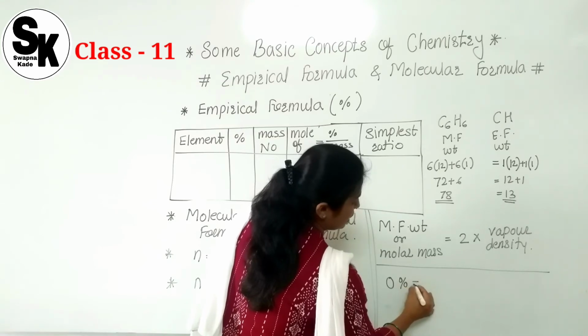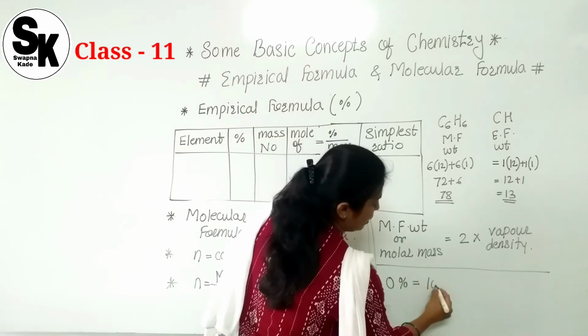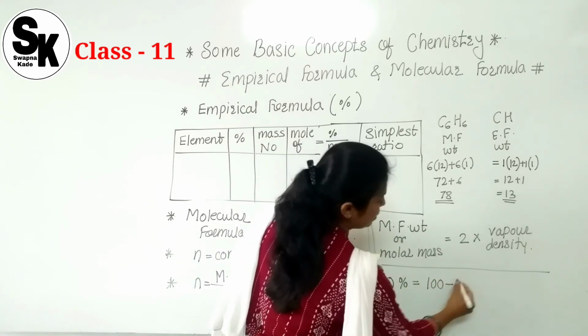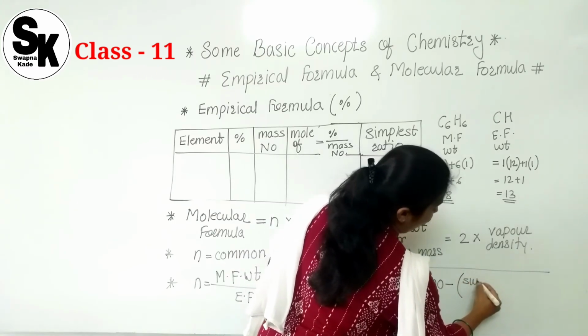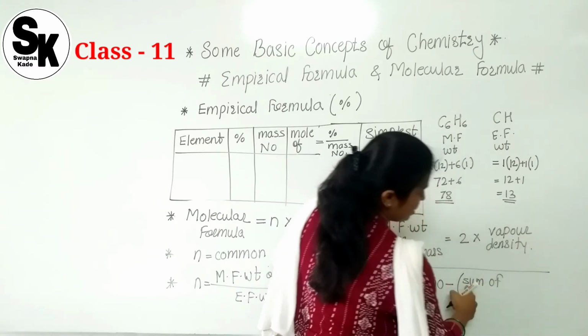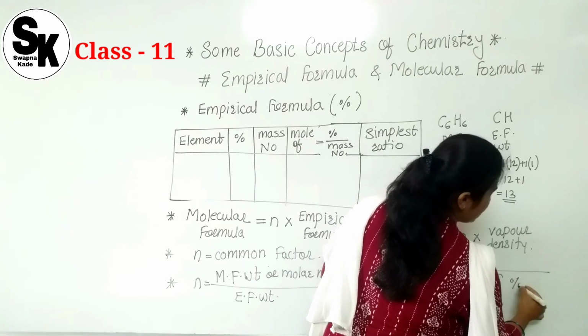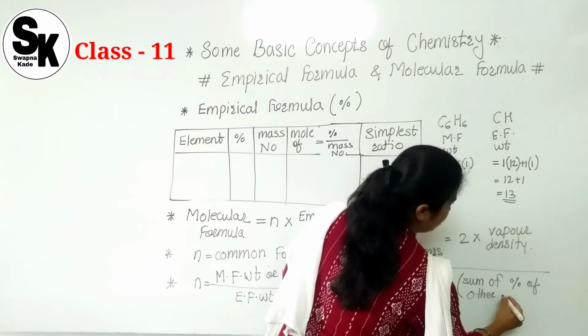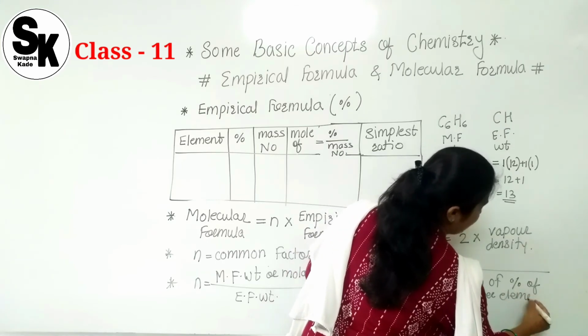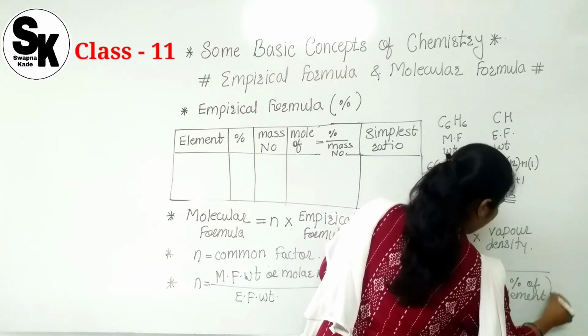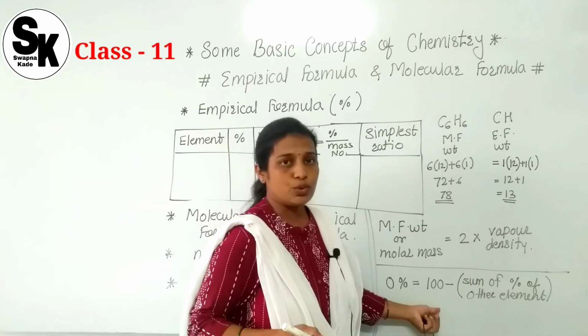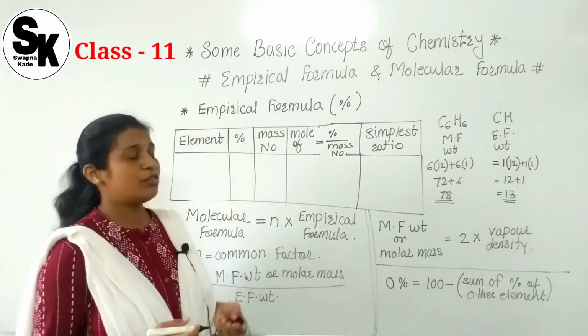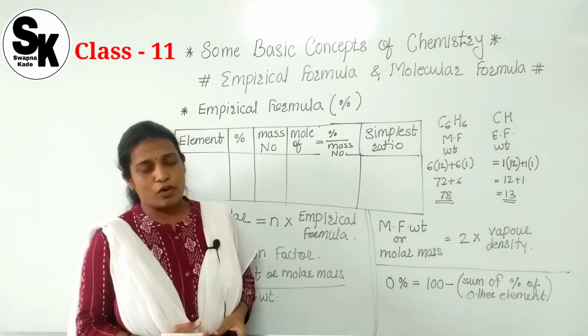Oxygen percentage is equal to 100 minus the sum, meaning the addition of the percentages of other elements. So these many formulae we have to use to calculate the empirical formula and molecular formula.